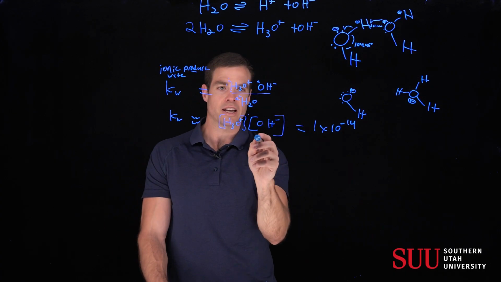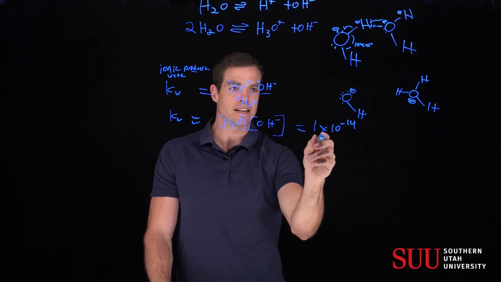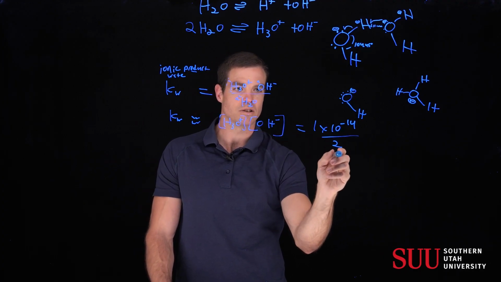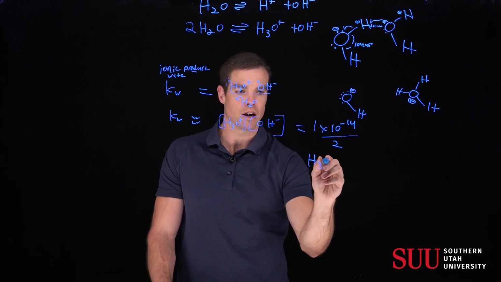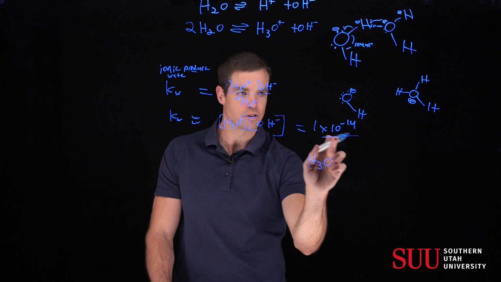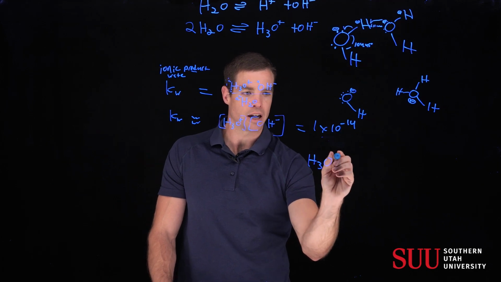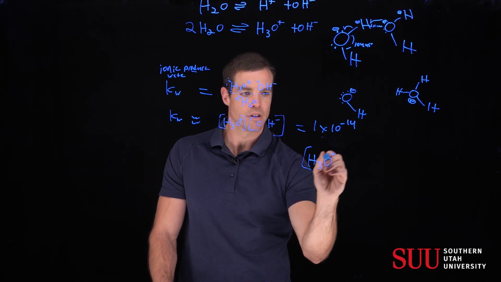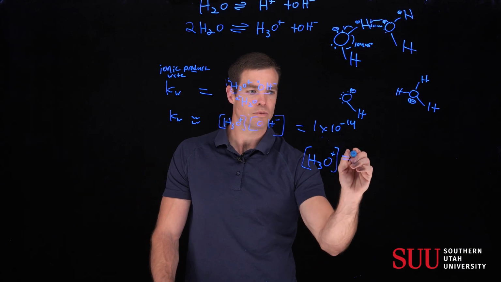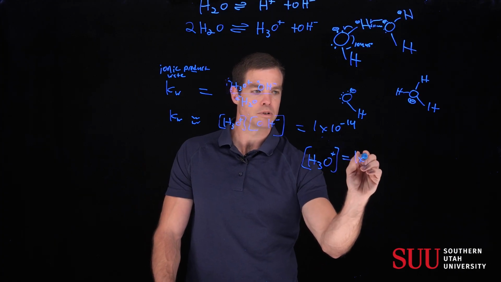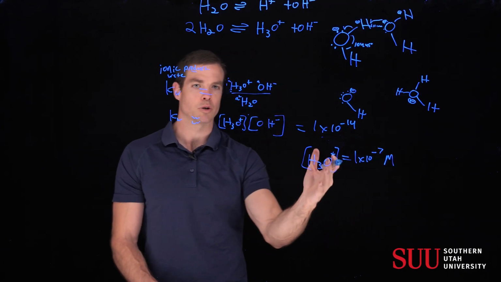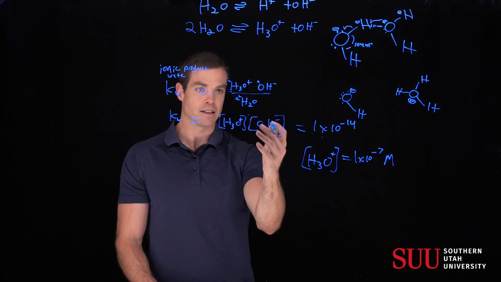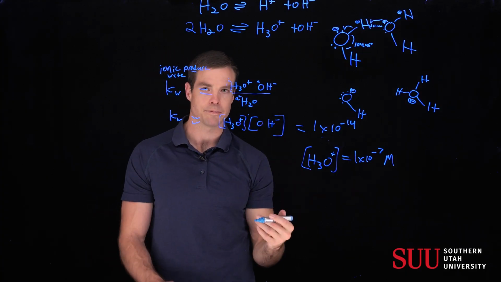So if you take the square root of this number, you would find that your hydronium ion concentration is going to equal what? 1 times 10 to the negative 7 molar. That's what your hydronium ion concentration has to equal. And the hydroxide concentration would also have to be equal to that.